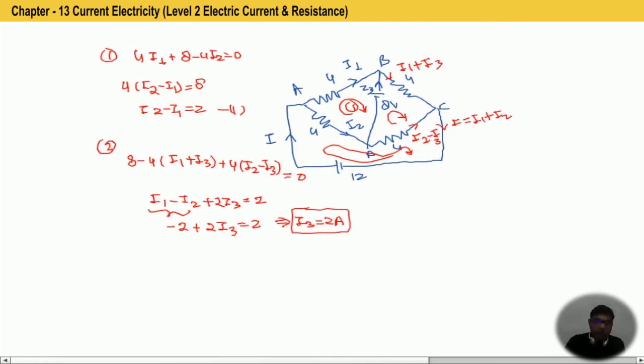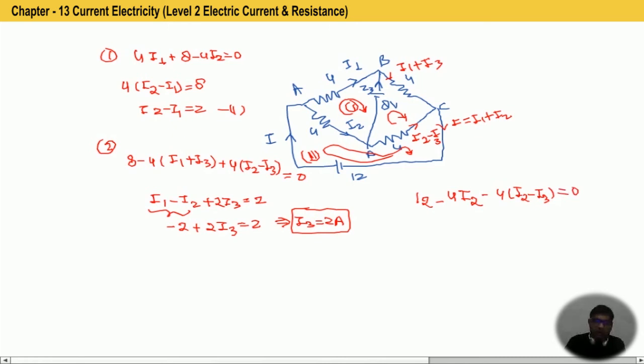Now if we write the equation in loop number 3: 12 minus 4I2 minus 4(I2 minus I3) equals 0.